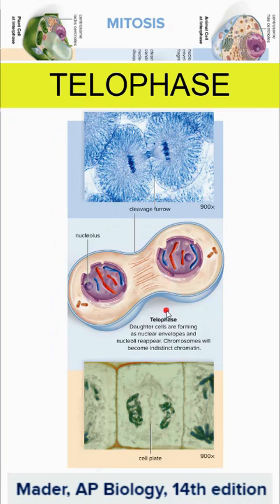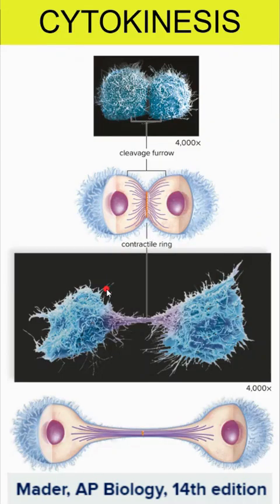So in telophase, we start reforming the nuclear envelope, so it's still one cell, but we have two nuclei within that cell. We start getting the nucleolus to come back. Again, that's our ribosome factories. And the chromosomes start unwinding back towards chromatin, kind of going back towards spaghetti.